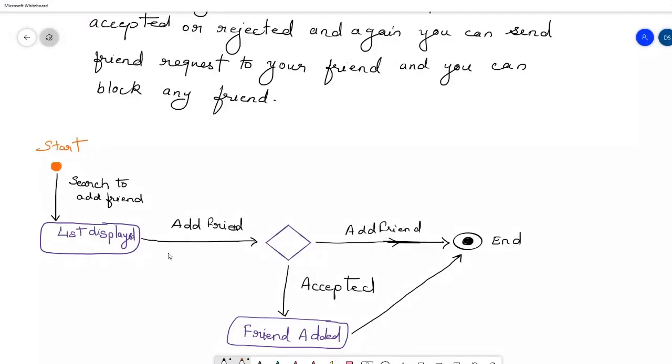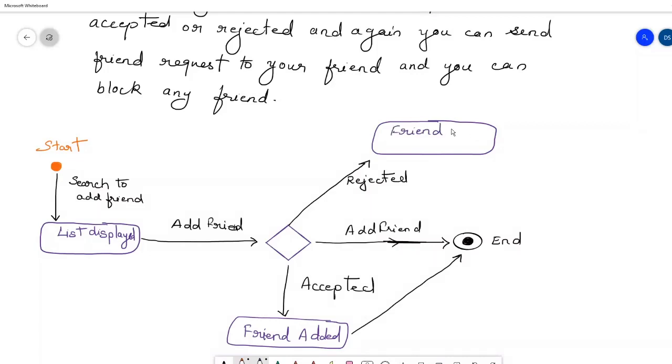Now a few more conditions. If the request is rejected, I'll draw one more thing, rejected. If the request is rejected, what would be the state? It can be friend request rejected.